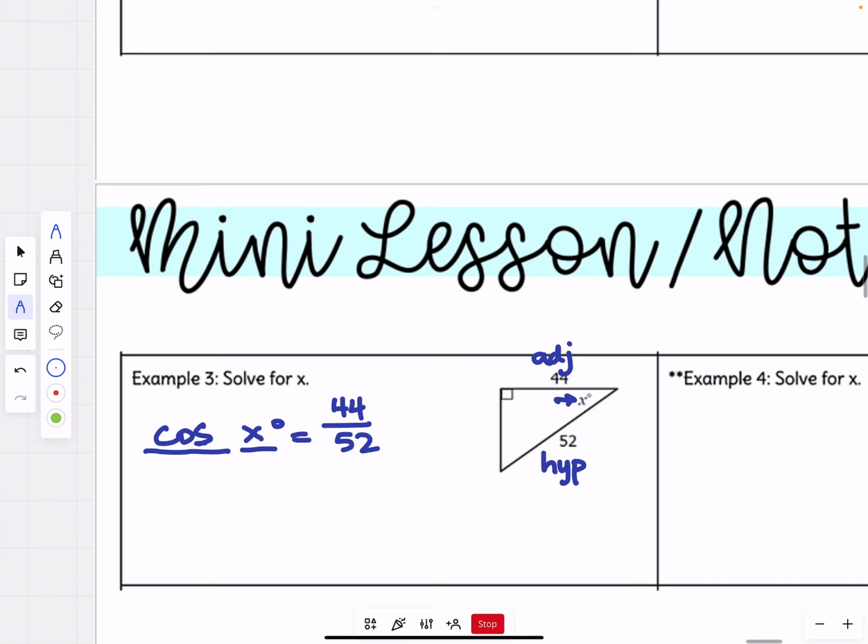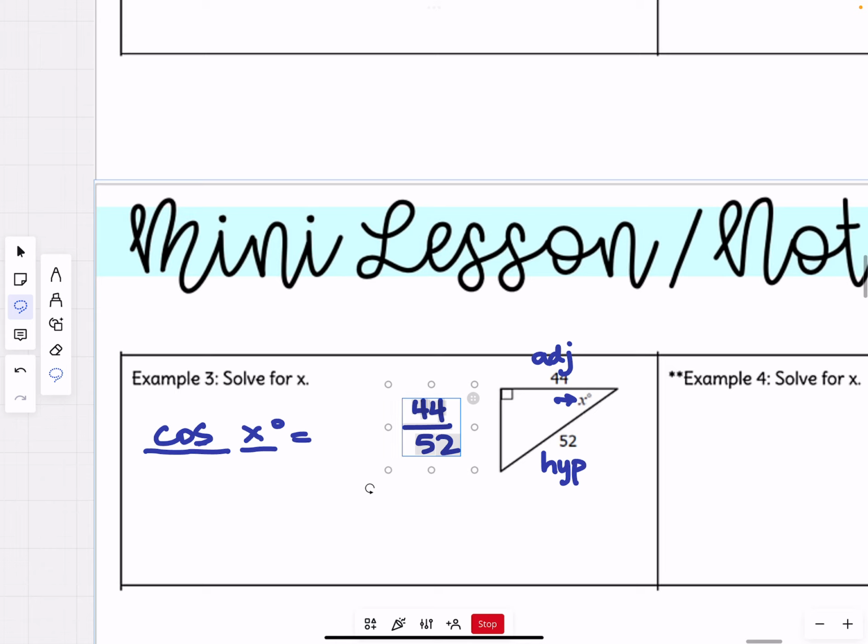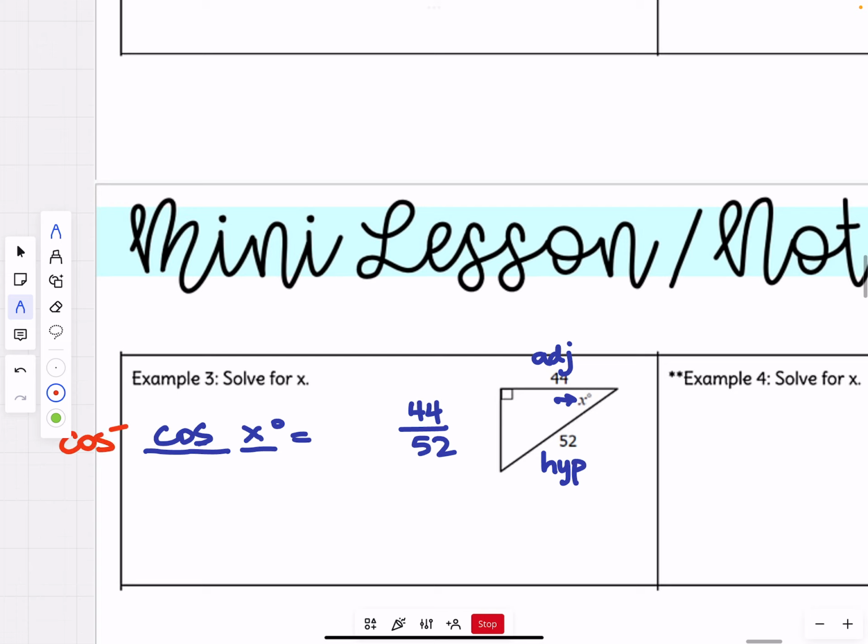So let's go ahead and undo the cosine by using cosine inverse. So cosine inverse of the left side, cosine inverse of the right side. And then easy peasy, cosine inverse and cosine cancel out, and I know that x will equal cosine inverse of 44 over 52.